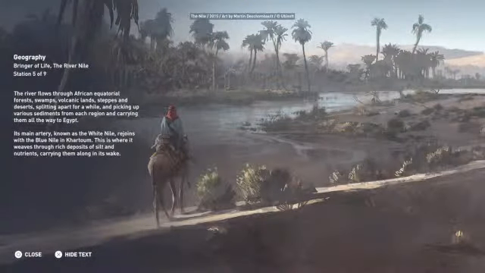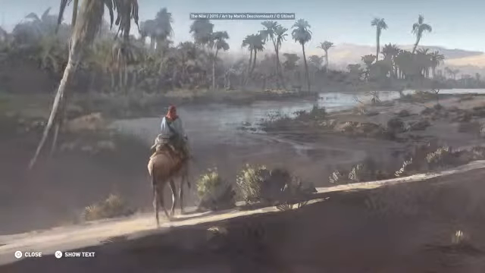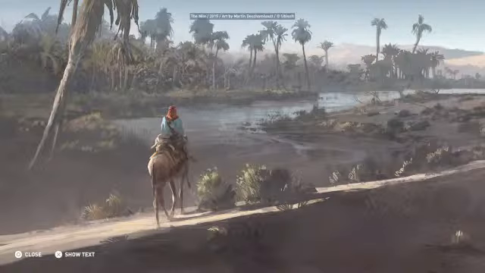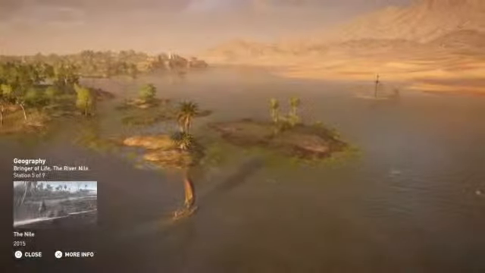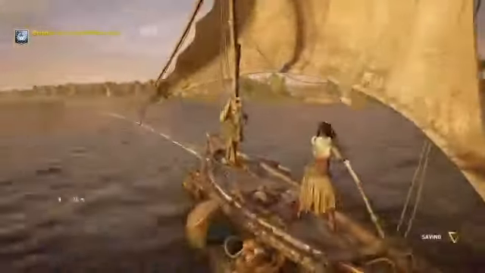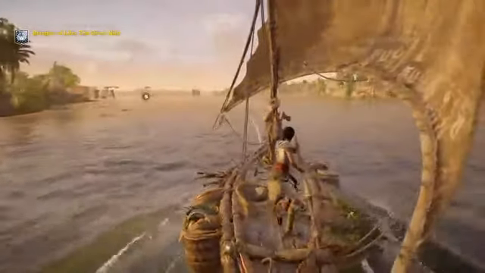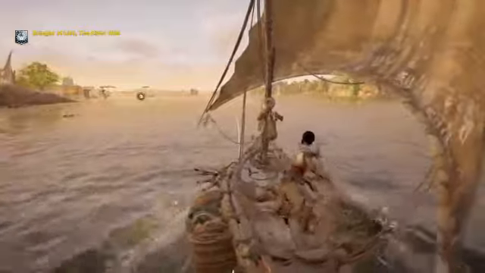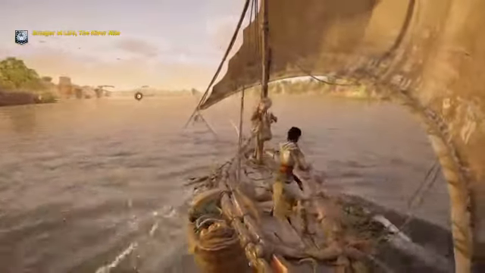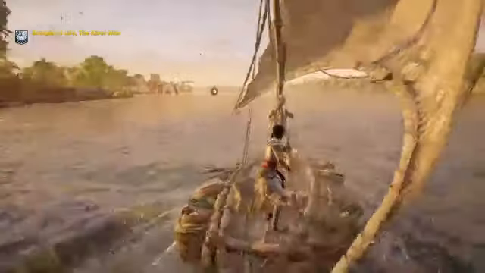And there you see the map. Credit the Nile 2015, art by Martin Deschambault. I don't know. Credit to Ubisoft. And there's that one. And now we are going to go on to the next area here, which is up there.